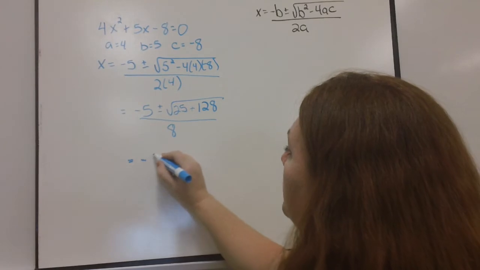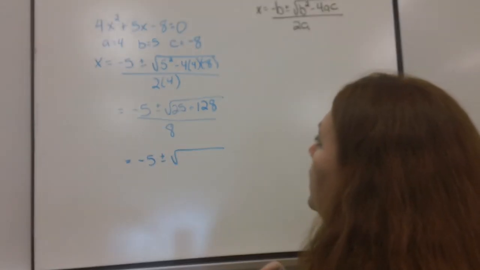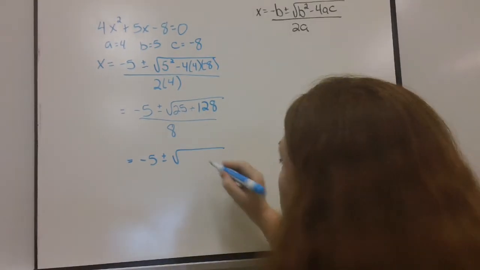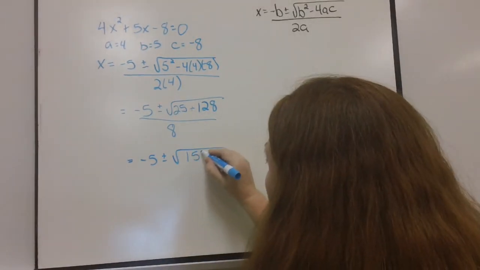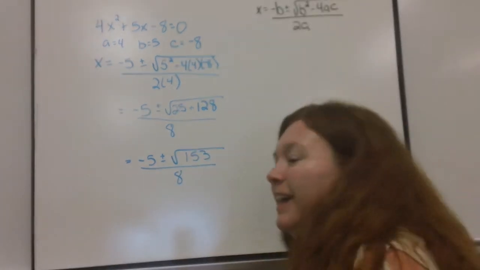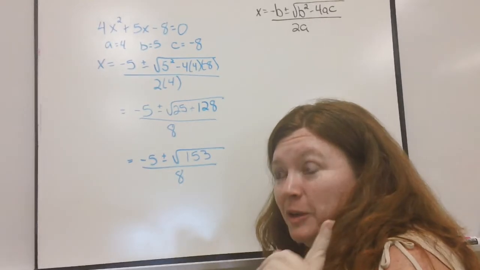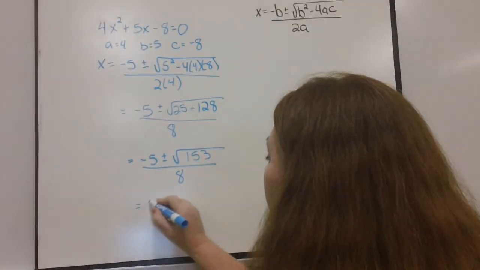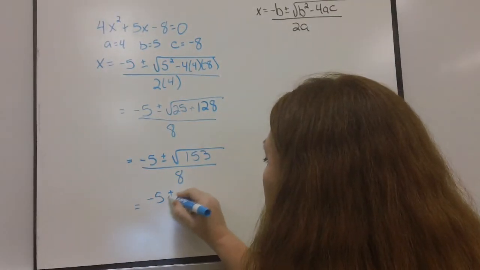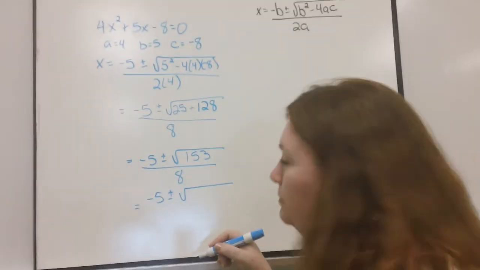All right, negative 5 plus or minus the square root of 153. You would think that you couldn't break that down, but you can actually. 153 can be divided by 9.